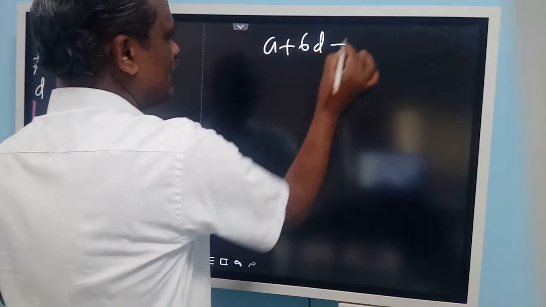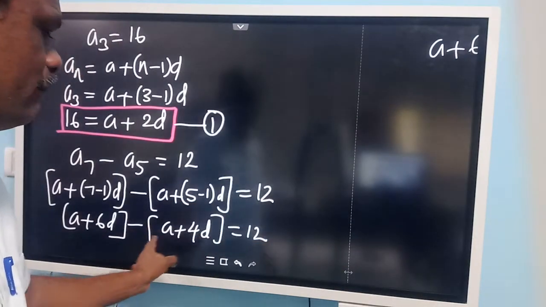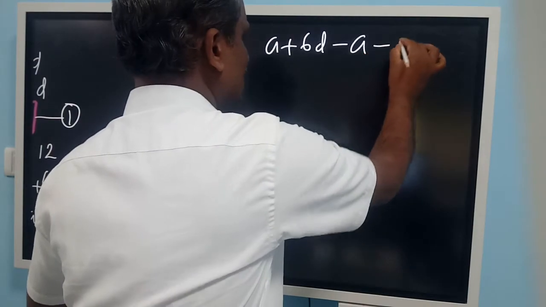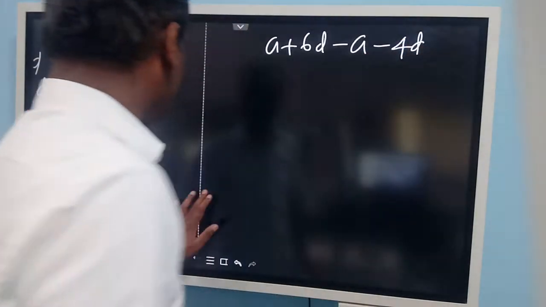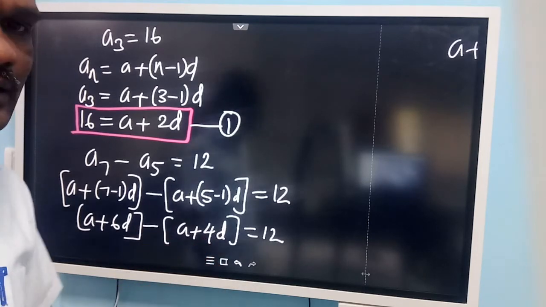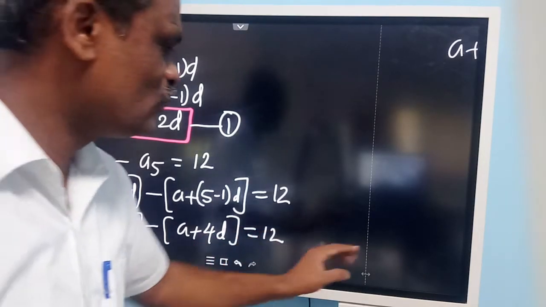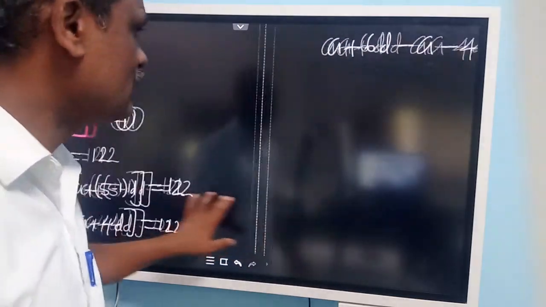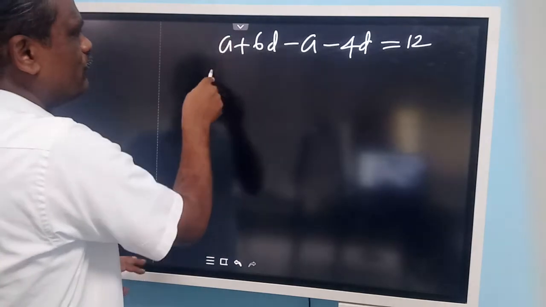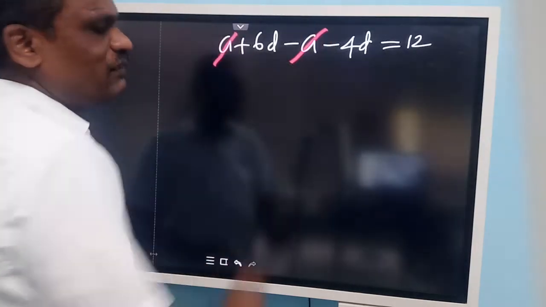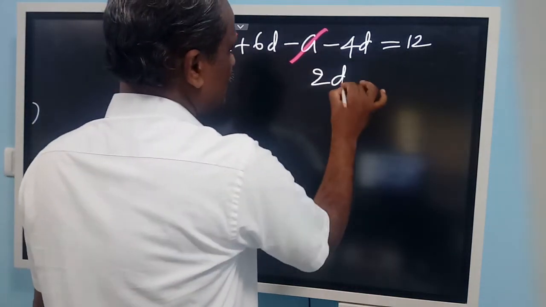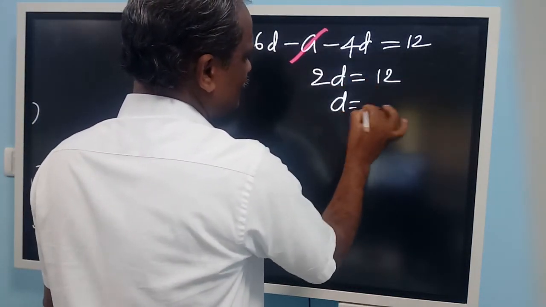Now multiply the minus inside the bracket: minus into plus is minus, so minus a, and minus into plus is minus, so minus 4d. That is equal to 12. Look, the positive a and the negative a cancel. So you are getting 6d minus 4d, which is 2d, equal to 12, so d is equal to 6.